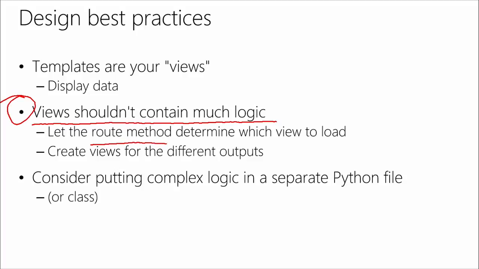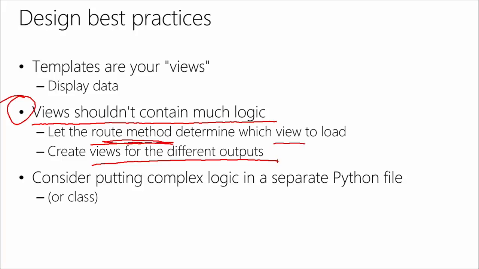So let that route method that you've been using determine which view to load, and then create different views for different outputs. Because, if we wanted to keep digging into this and start creating a lot of error handling and things like that, we're going to want a view to display an error message. And we're going to want a view to display this was correct and this was incorrect, and this is how we're going to ask you for the answer to the question.